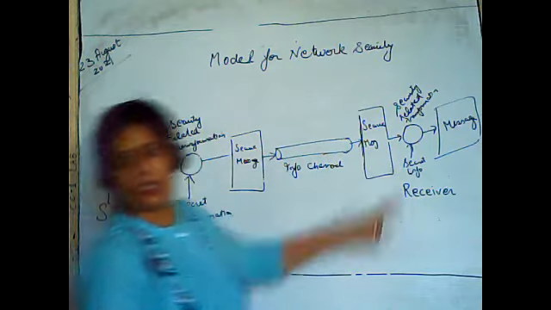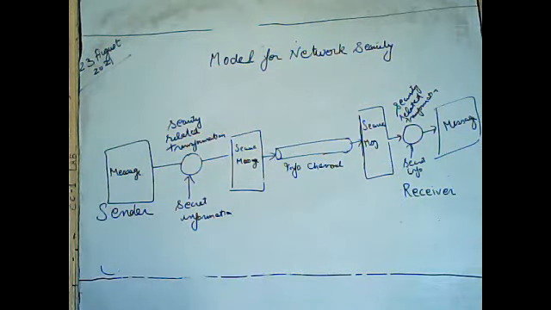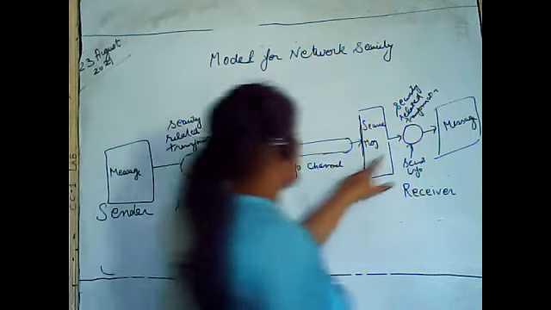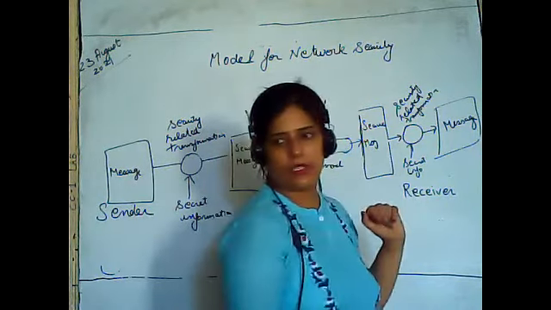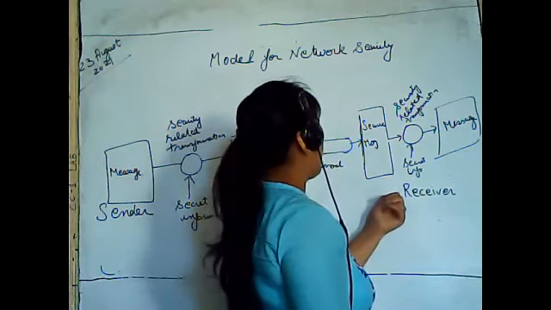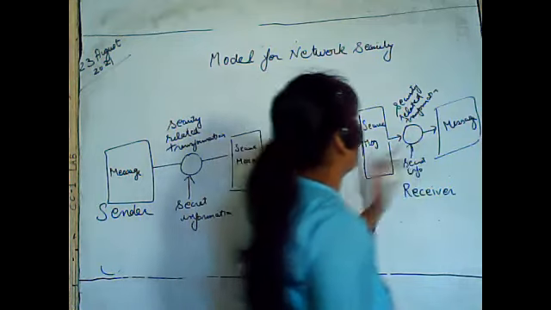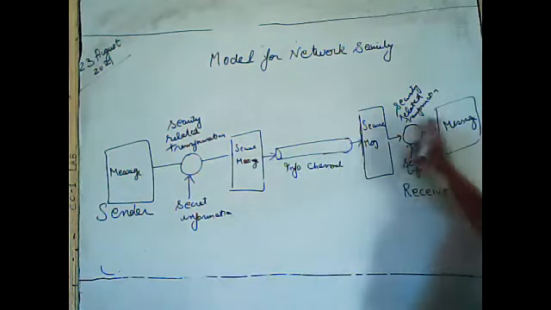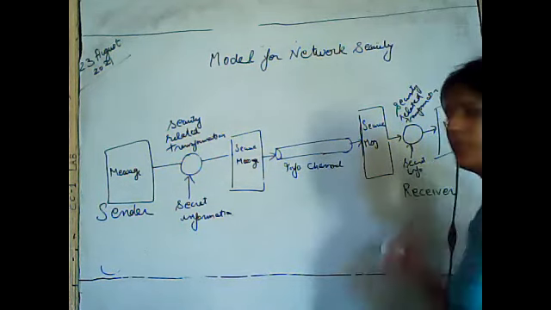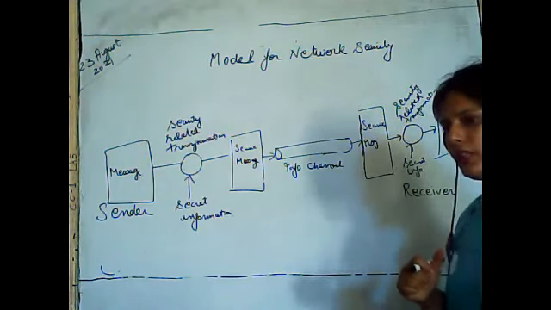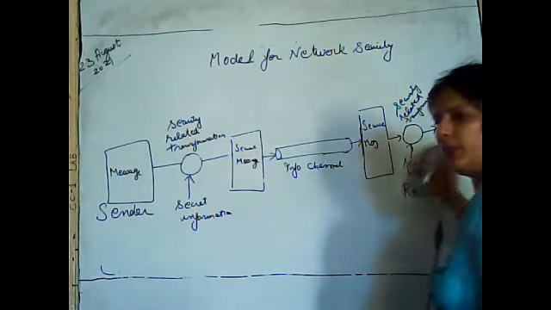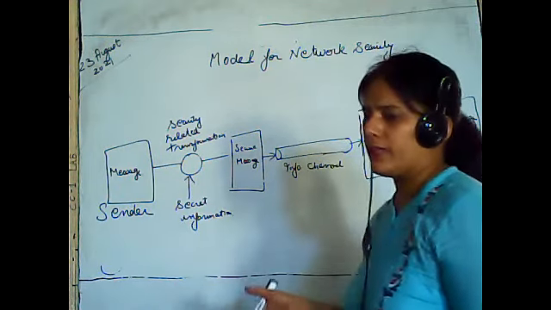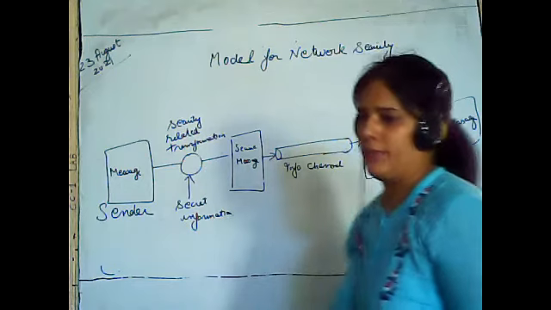Then we perform the security related transformation again, do all those transformations, and we have the secret information. So the secret information is the original message that we have recovered, which was transferred from the sender.